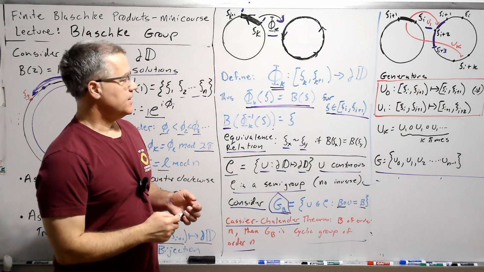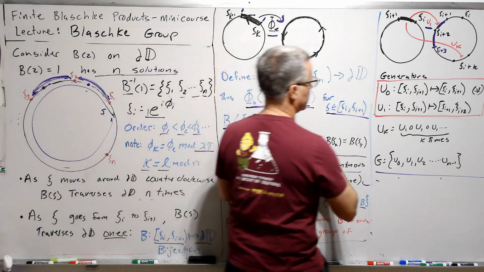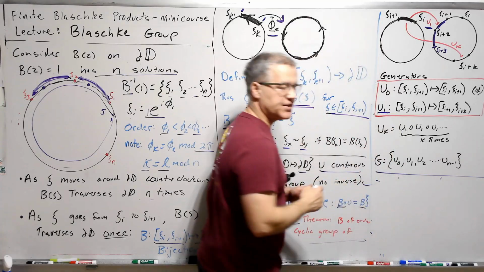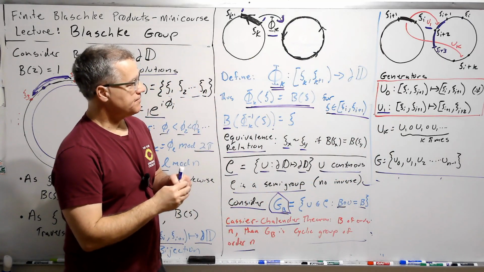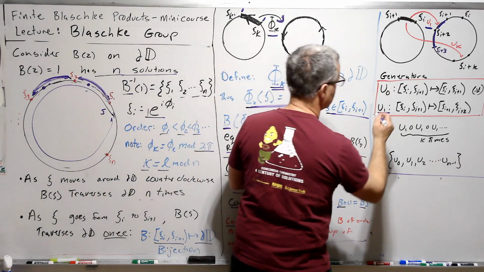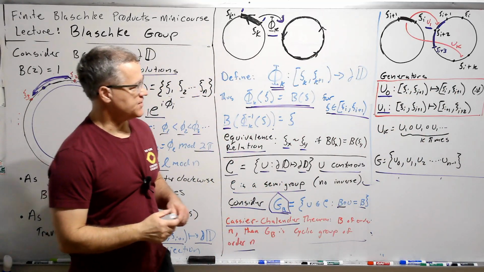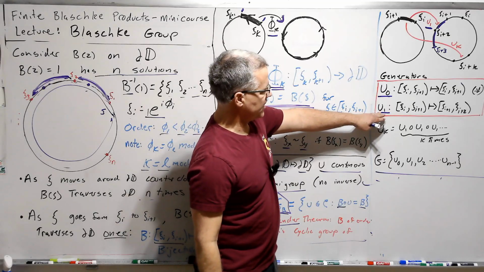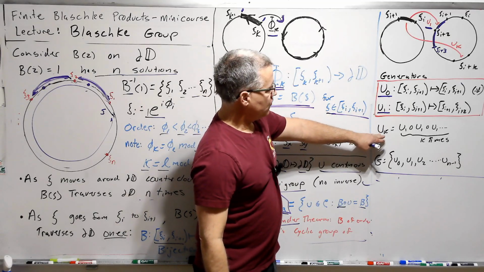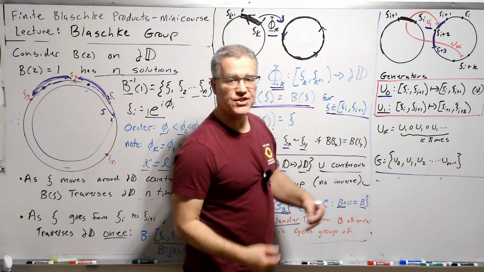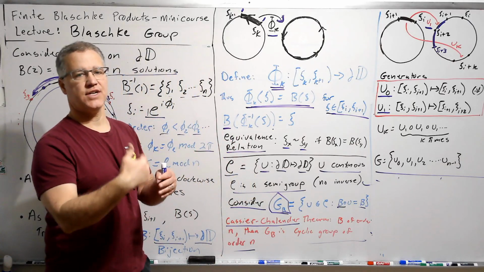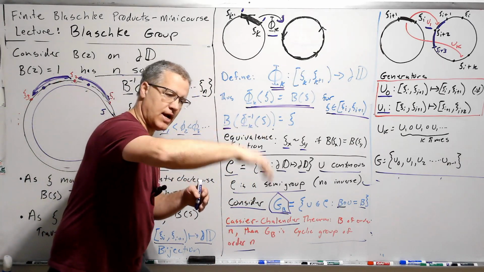And so we can consider U1 as a generator. I've included U0, which is just the identity map. Strictly speaking, that's not a generator. This is the generator here. And we can generate Uk by composing this k times, and we step our way around.